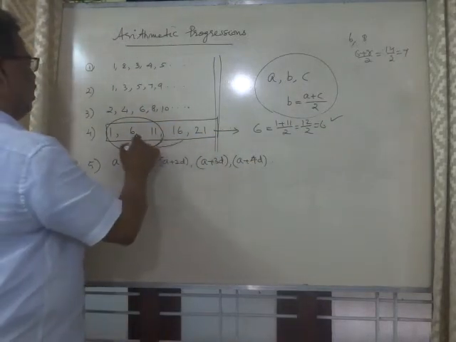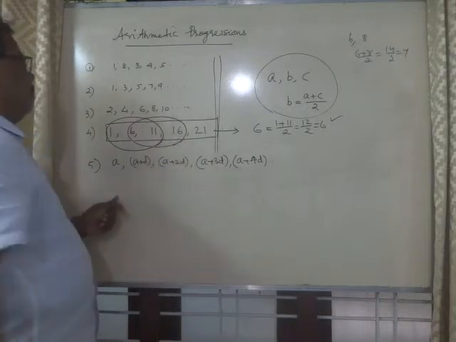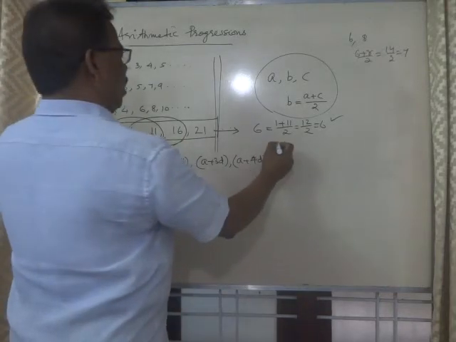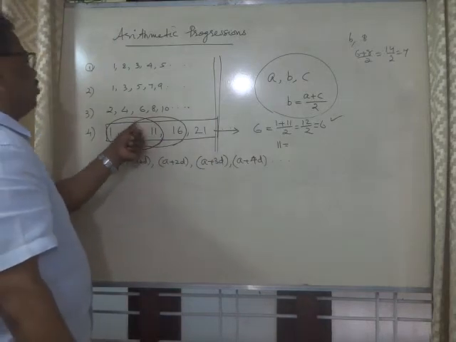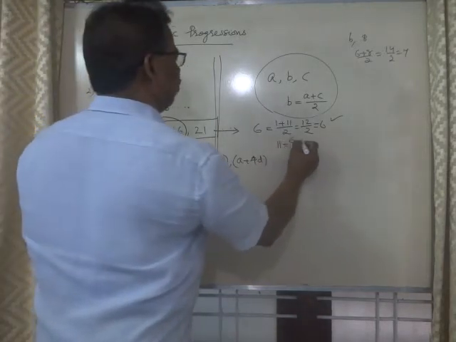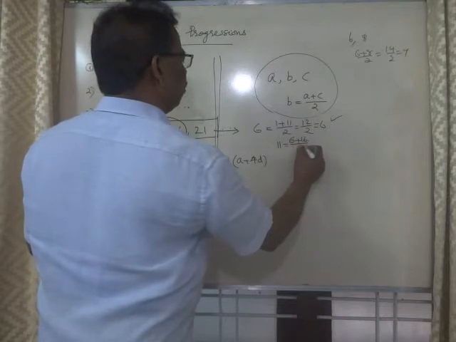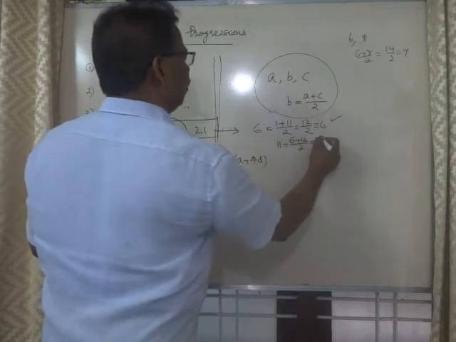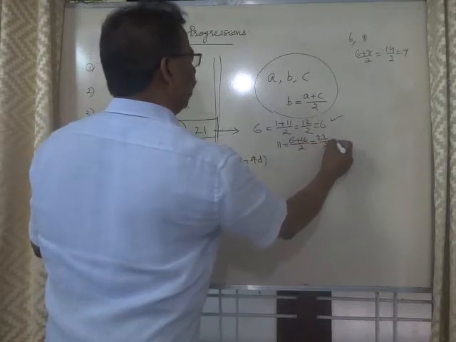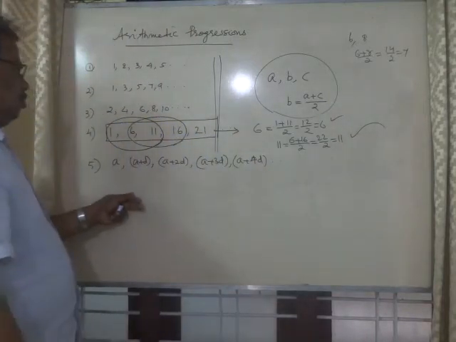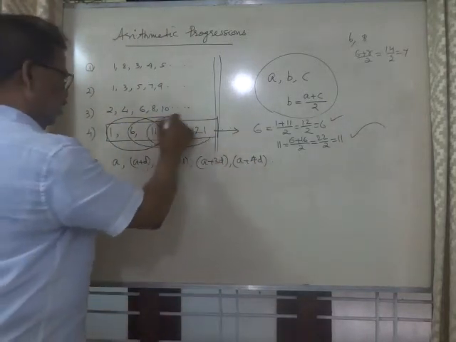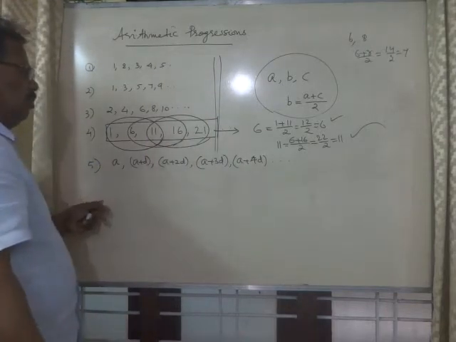Then consider these three. Then 11 must be 6 plus 16 by 2. That is equal to 22 by 2. Again it is 11. True. Consider these three, last three terms.